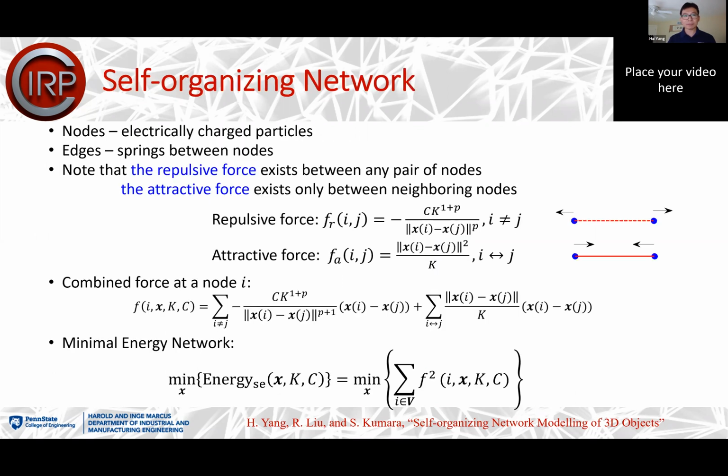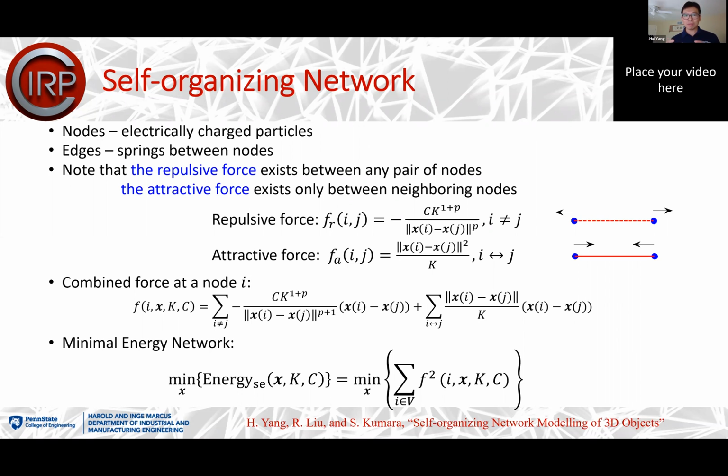Okay. And then we propose to use a self-organizing network. So we treat each node as an electrically charged particle, and the edges are springs between the nodes. Then we define that a repulsive force exists between any pair of nodes, because these are particles, right?